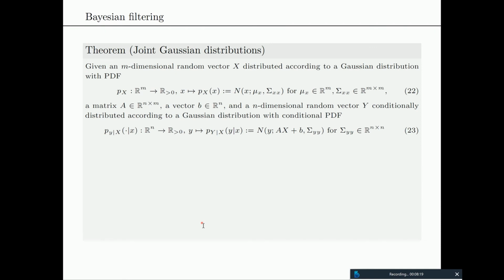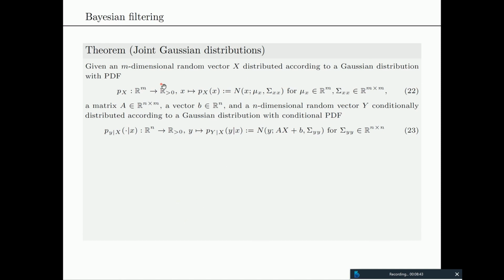So what are these Gaussian distribution theorems that I'm thinking of? These are statements about what happens if you have a marginal Gaussian distribution and a conditional Gaussian distribution which depends on its conditional argument in a linear way: then you can immediately write down the parameters of the joint distribution.